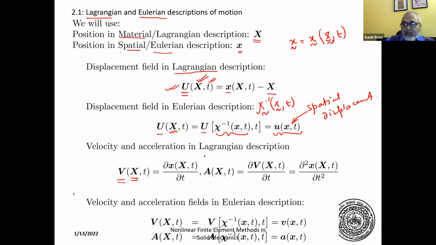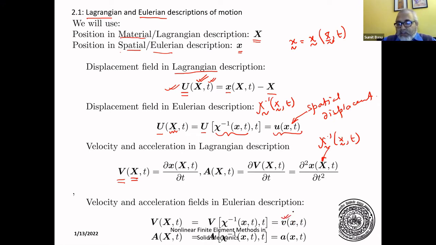Now to convert this into spatial quantities, I will have to use the motion that I know. So I'll have to replace capital X by chi inverse of small x, t, which is what I have done here. Once I do that, I get a different function, which we'll call small v and small a, which are functions of small x and t.